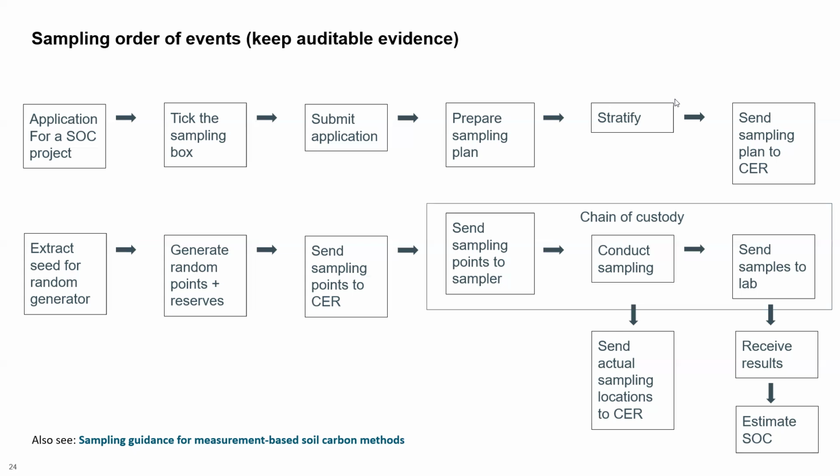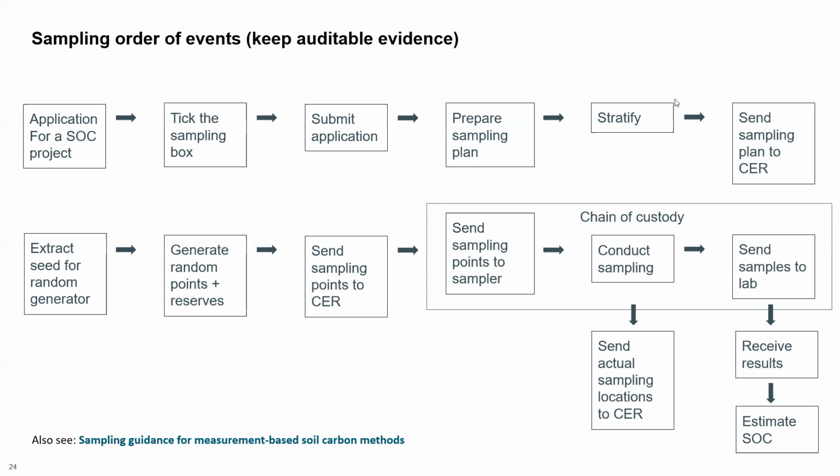Then you have to prepare your sampling plan, which is the document that informs the CER of all the technical details of how you organize your sampling. The most important thing in the sampling plan is stratification. We'll talk about that a bit later. To submit the application, remember that you only have to send a map of the CEA.